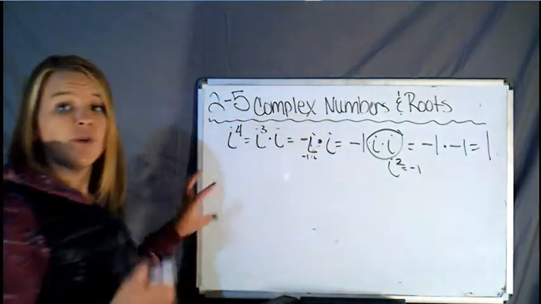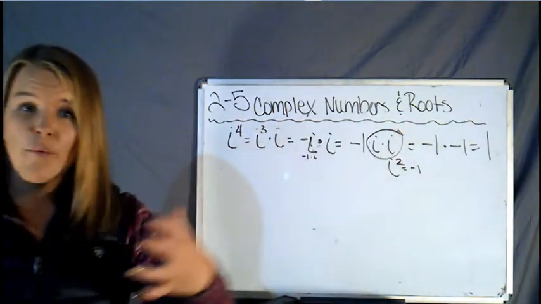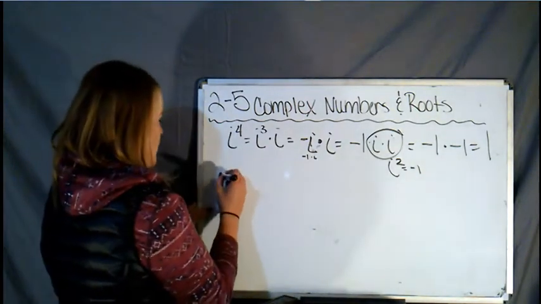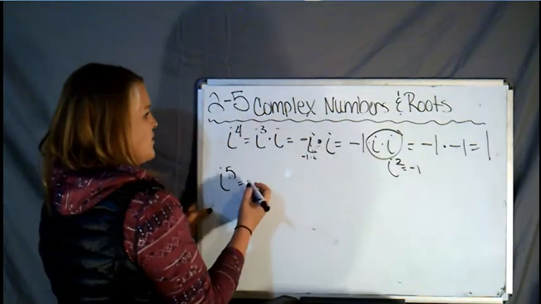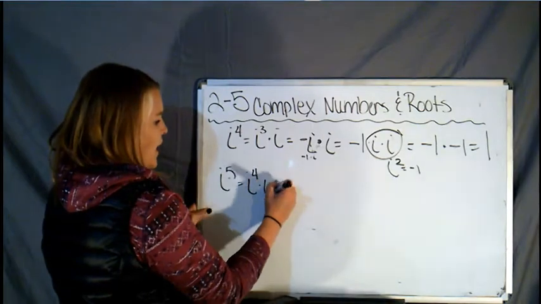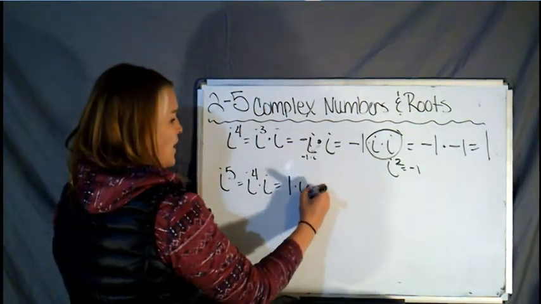And make sure that when you guys are writing this in your notes, write this out so that you know how we arrived at these answers. i to the 5th. Well, I know what i to the 4th is. That's 1. So this is i to the 4th times i, with i to the 4th being 1. 1 times i.